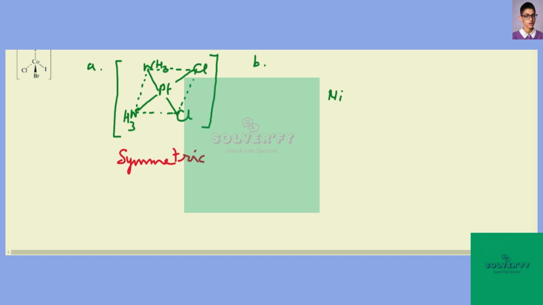and this square planar part, and 1 bond is above the plane and the other should be below the plane. So here also we can see that these are in the same plane.